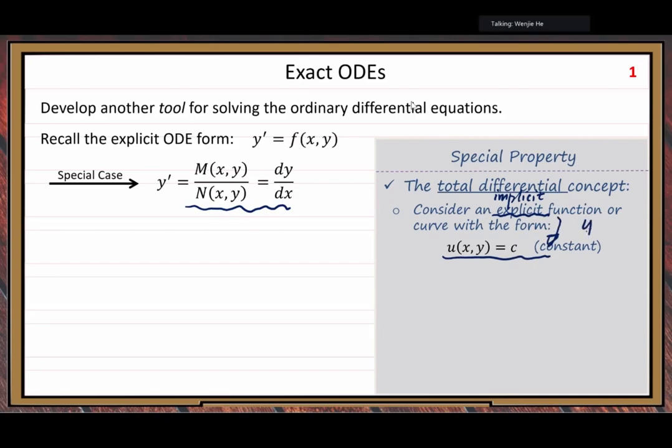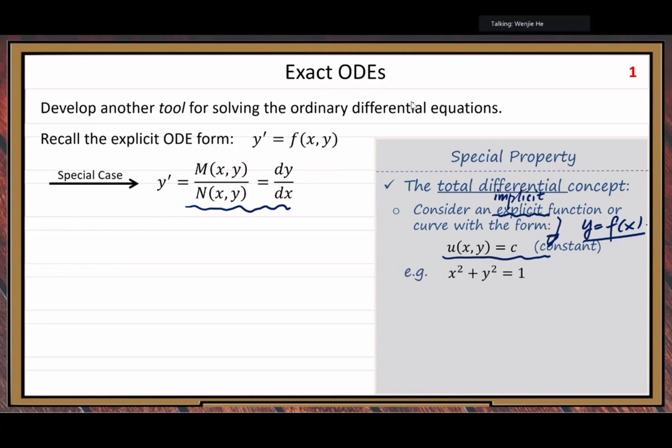Explicit should be y equals f of x. Implicit function, because we mixed x and y; we cannot separate x and y. X and y are mixed, hard to separate, so we keep the mixed form. That's the implicit function.